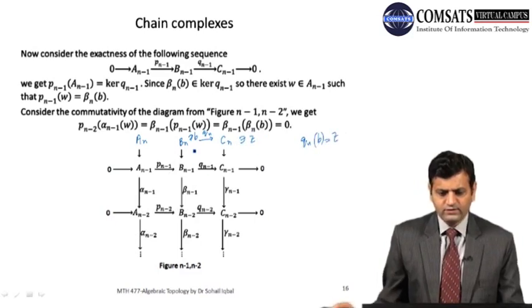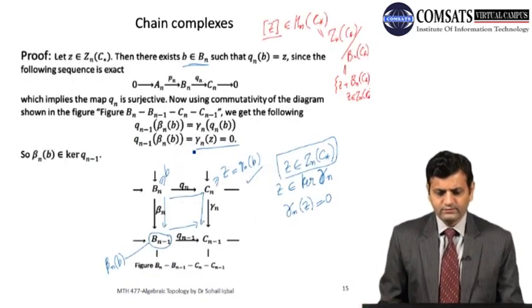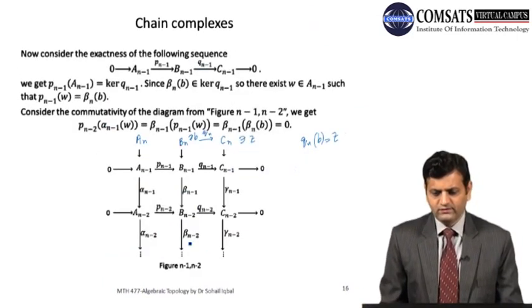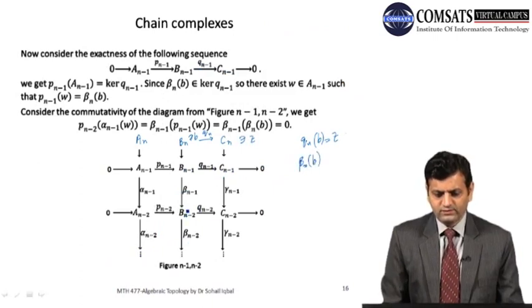And also from this picture, βn of b belongs to the kernel of Qn minus 1. So that's what we have proved so far.